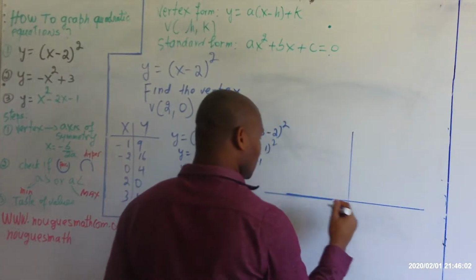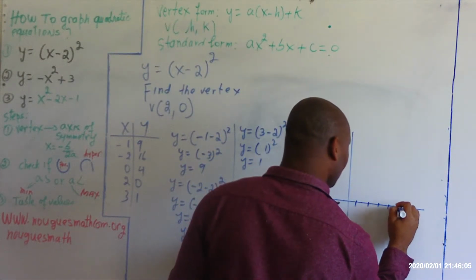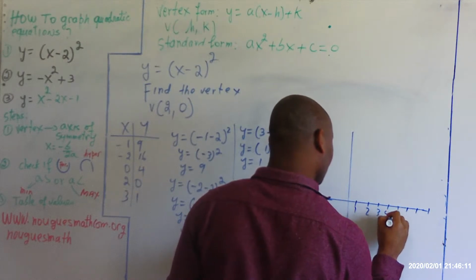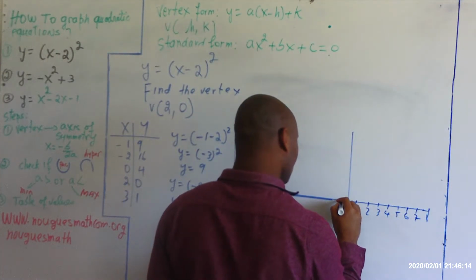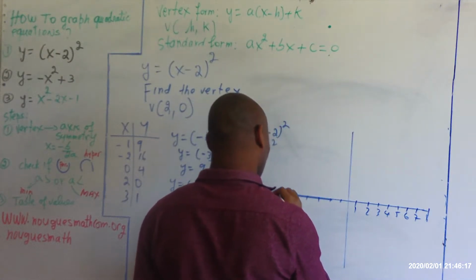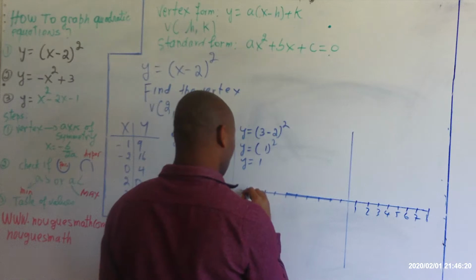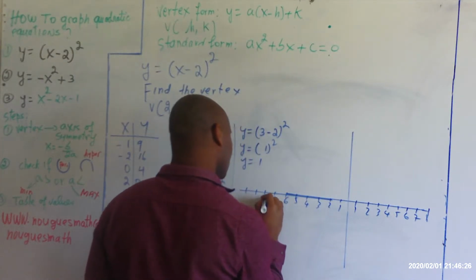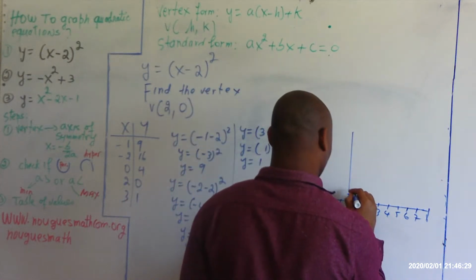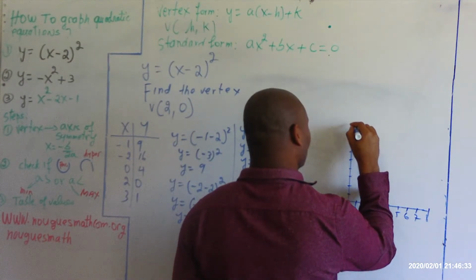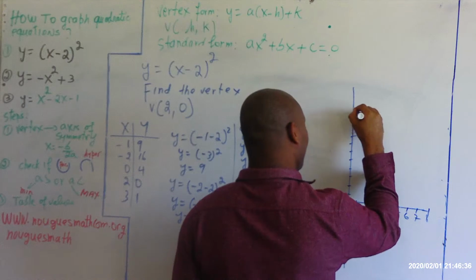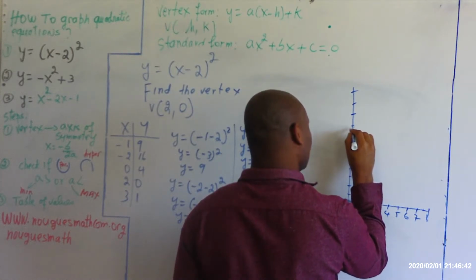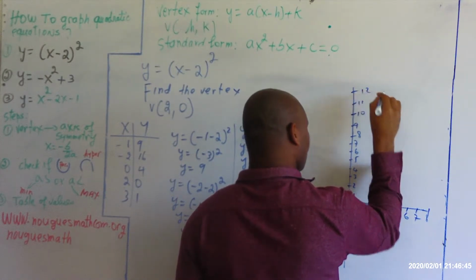We're going to label the number line: 1, 2, 3, 4, 5, 6, 7, 8, and up to 10, 11, 12.